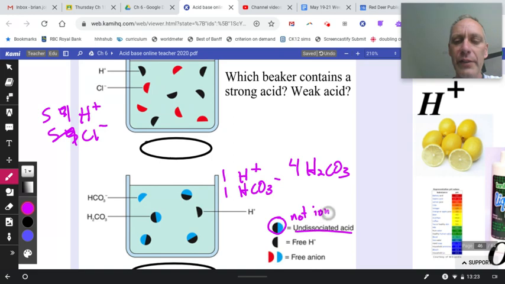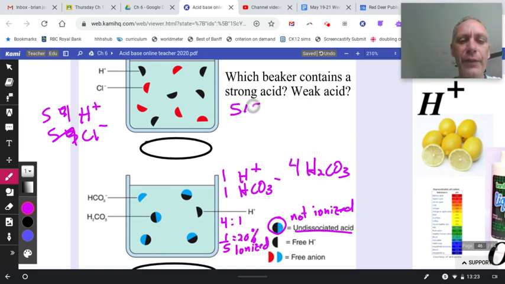ionized or reacted. So if you look at the ratio here, we've got 4 to 1. So 4 of them that have done nothing and 1 of them that has reacted. So another way to look at that ratio is 1 out of 5 or 20% ionized. And this one, 5 out of 5 have reacted or 100% ionized.